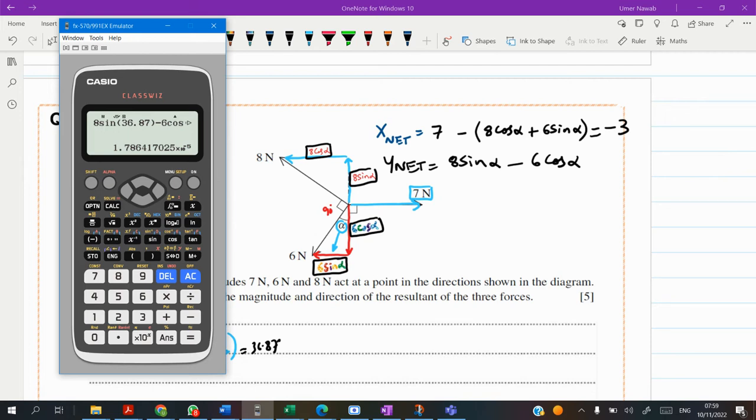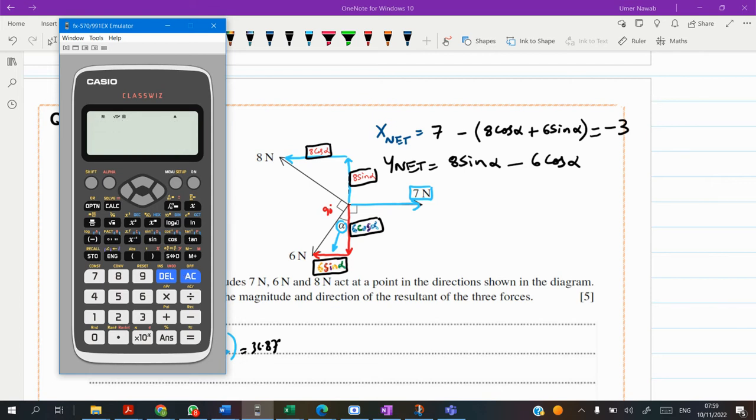Let me check it again. 8 sine of alpha, 36.87. We got it. Do we have any other force? Because this force is very small.